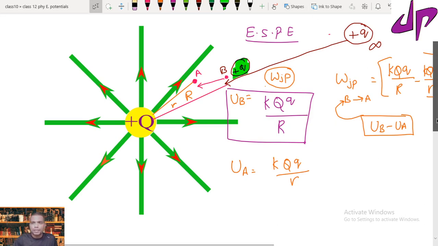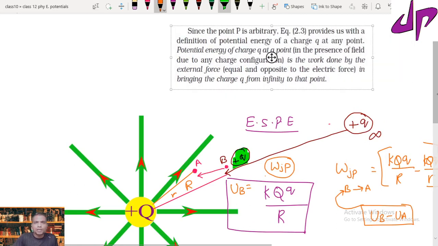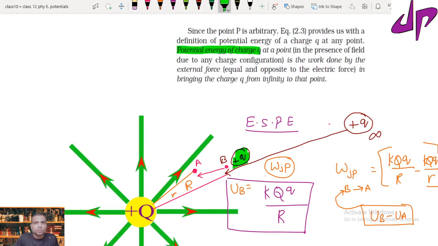So finally we can define the electrostatic potential energy of a charge. The potential energy of a charge small q, here the small q is a test charge, at a point present in the field of any charge configuration, meaning the charge is present in an external electric field, is the work done by the external force.